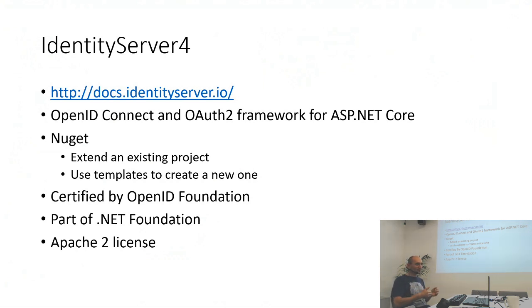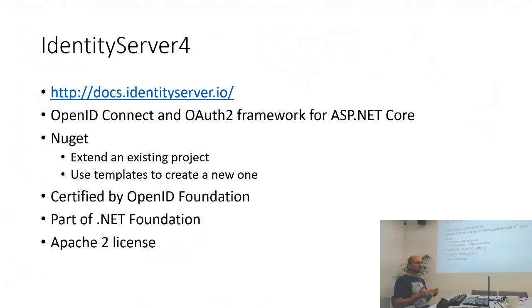You can use the templates which are on Git as well, and create your own identity provider. That identity provider is an ASP.NET Core application, and you can use different parts and configure it in different ways. It's very customizable.